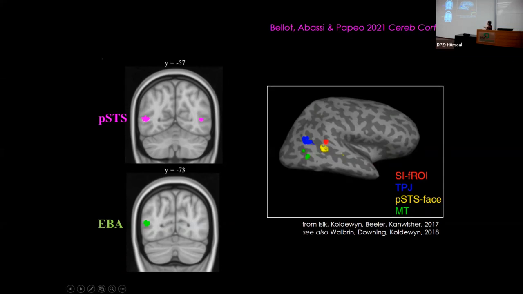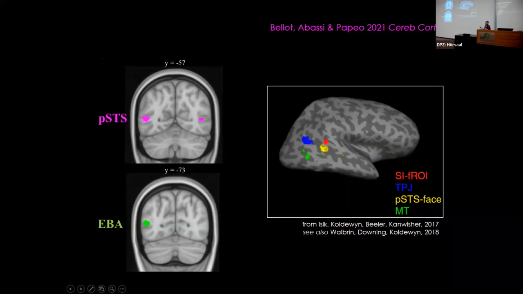And it's also close to the SI-pSTS, which is a recently found region that responds selectively to the visual representation of social interactions. So this region is very important. It's close to all these socially relevant regions. It's specialized in biological motion perception, so it's important to recognize biological motion and from there actions and movements.